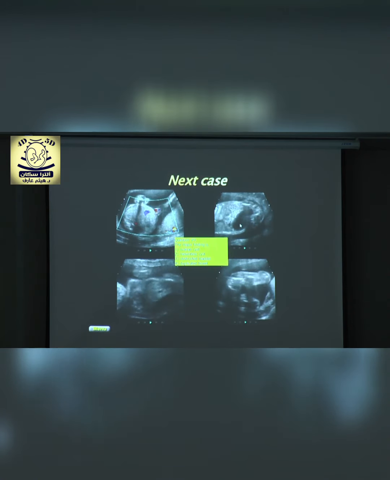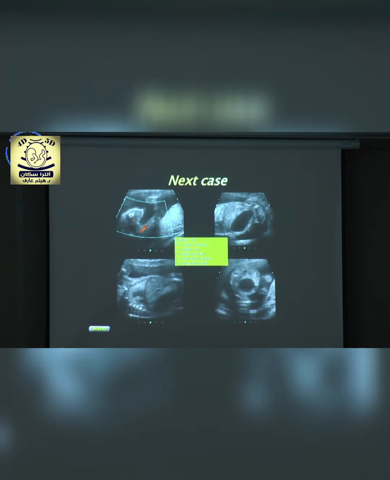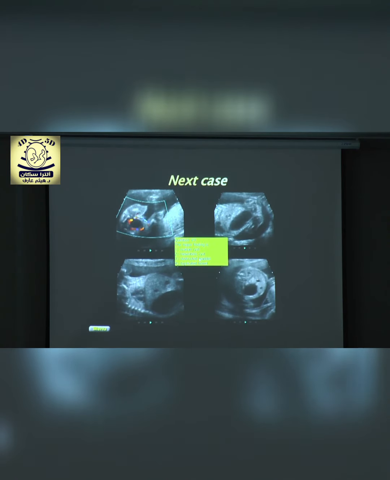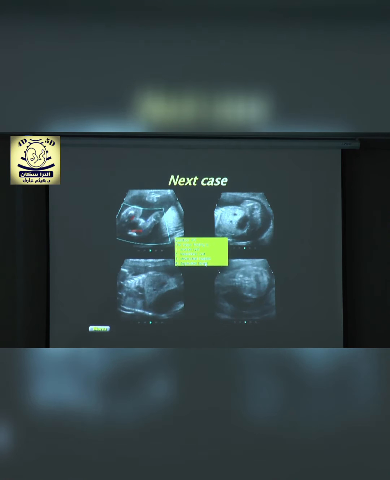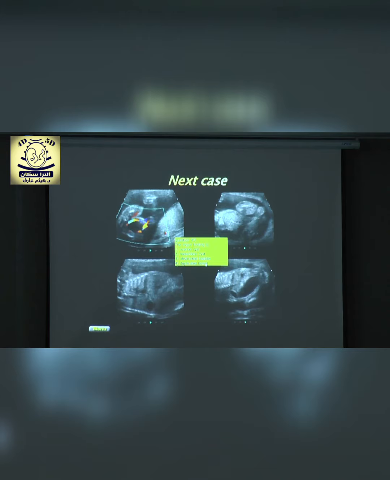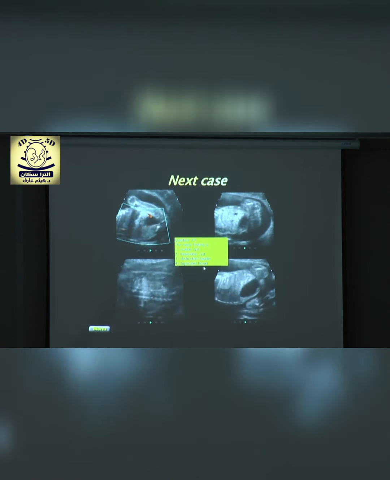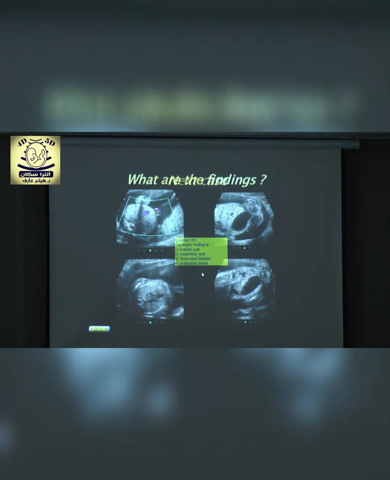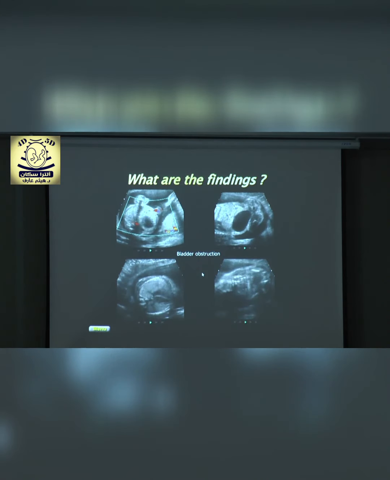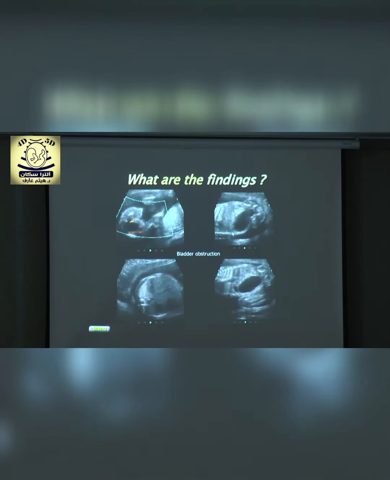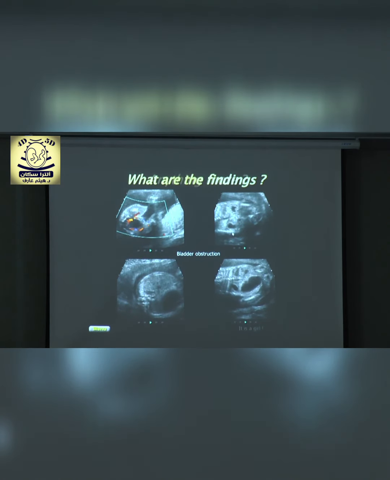What is this here? Ovarian cyst, mesenteric cyst, obstructed bladder, or duplicated bowel? So, bladder obstruction. Let me explain that for you.